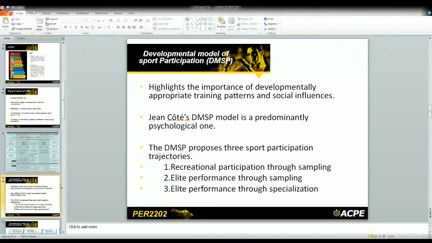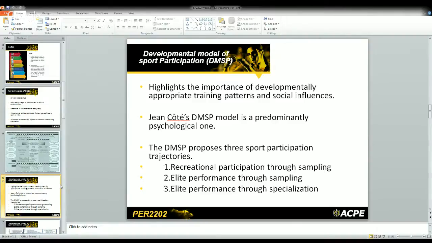Whereas we focus a lot on physical literacy, we also need to understand the concept of the psychological, because especially with children, adolescents, juveniles, and young athletes, they talk about understanding the concept and their coping strategies. And they have 3 trajectories that they're going to focus on. Predominantly they look at recreational, elite through sampling, and elite through specialisation.